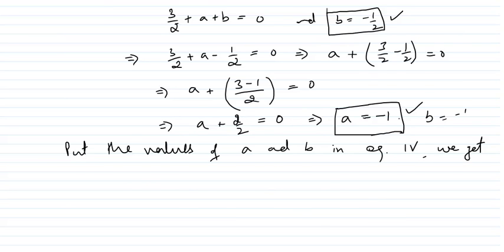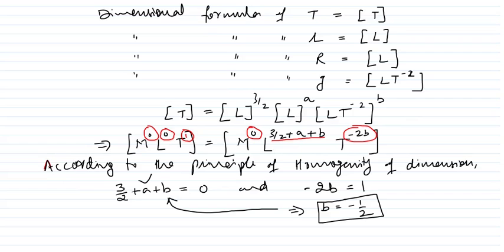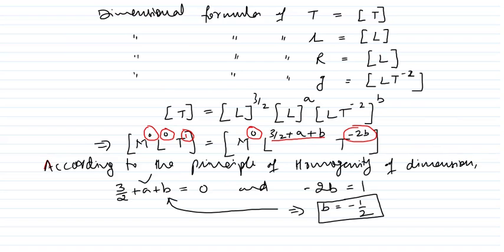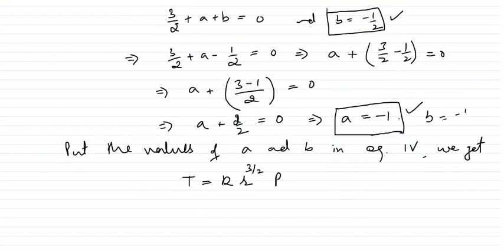We get T is equal to K R raised to power 3 by 2, R raised to power A, that is minus 1, and g raised to power B, that is minus 1 by 2. So this can be written as K R raised to power 3 by 2. Now R raised to power minus 1 will become 1 by R, and g will become g raised to 1 by 2 in the denominator.